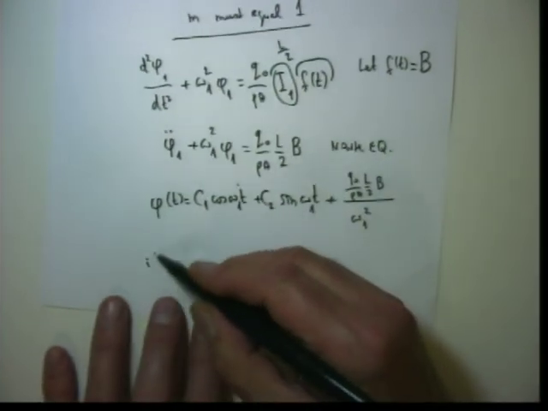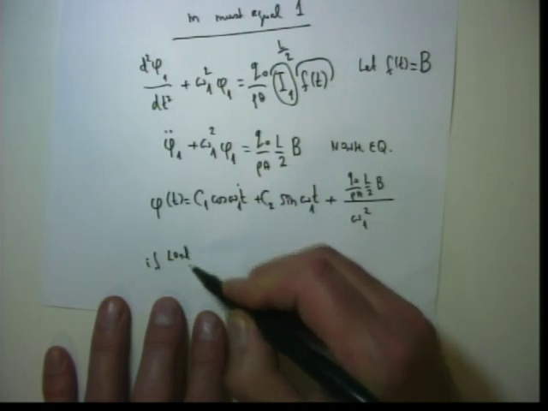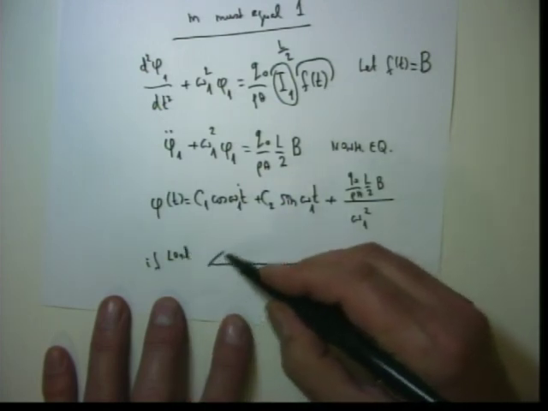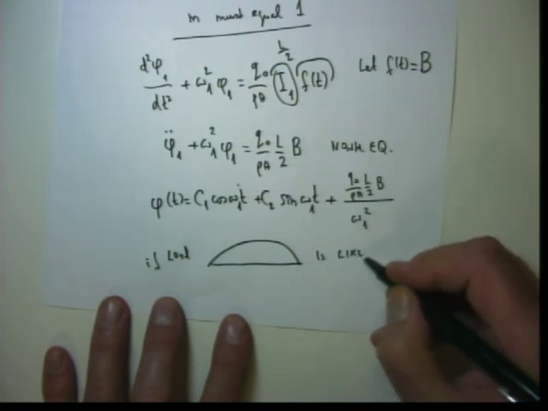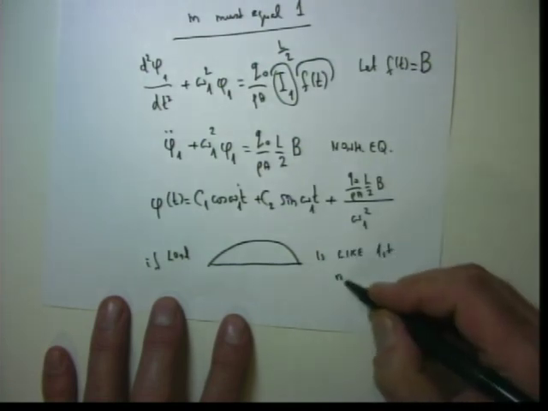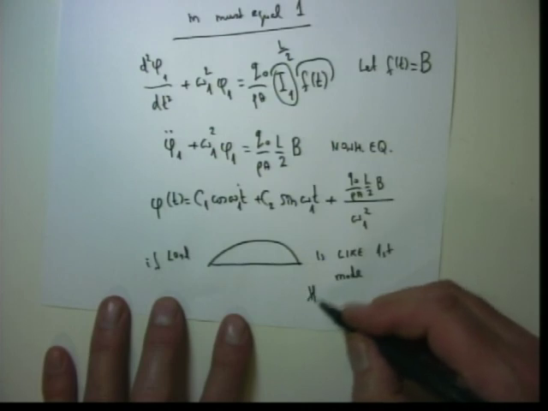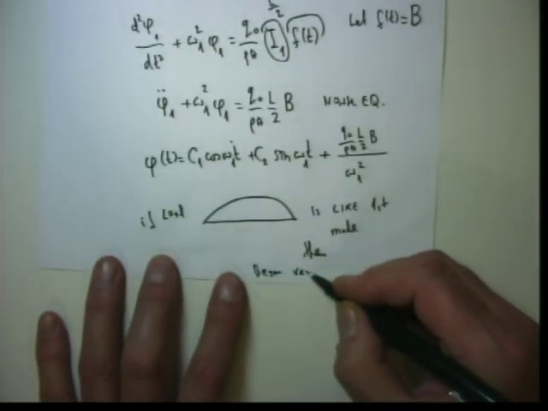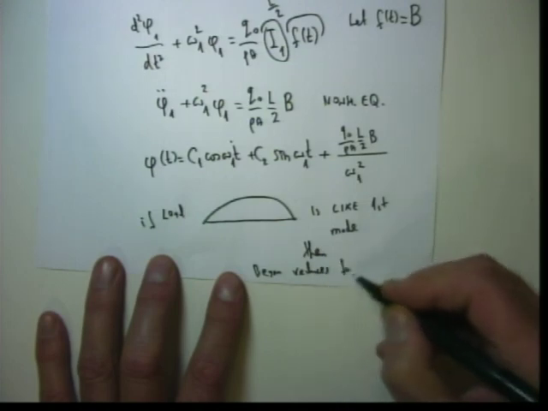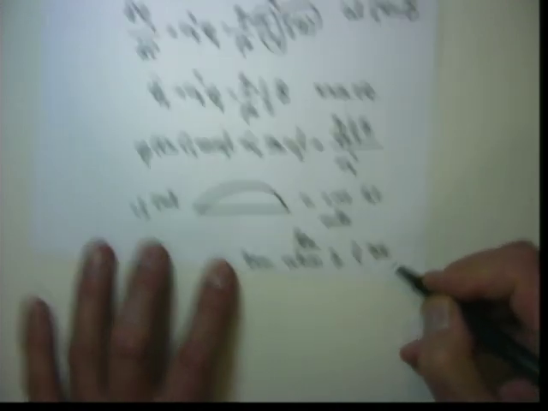So we saw if load is like this, like a first mode, then beam reduces to 1 degree of freedom system.